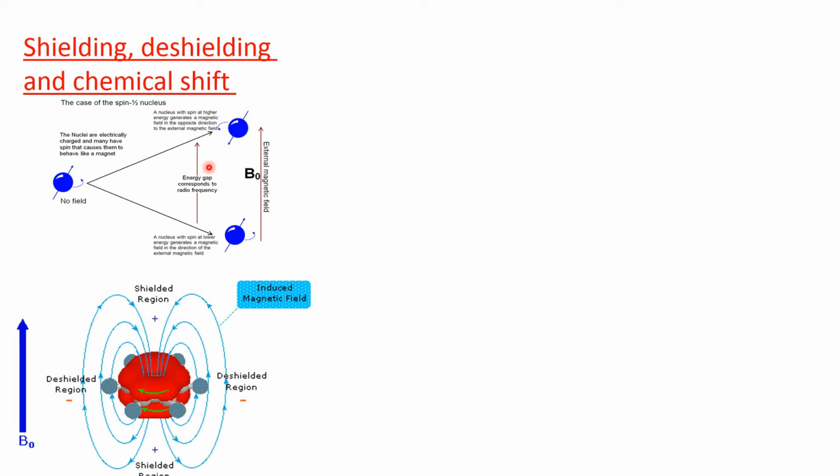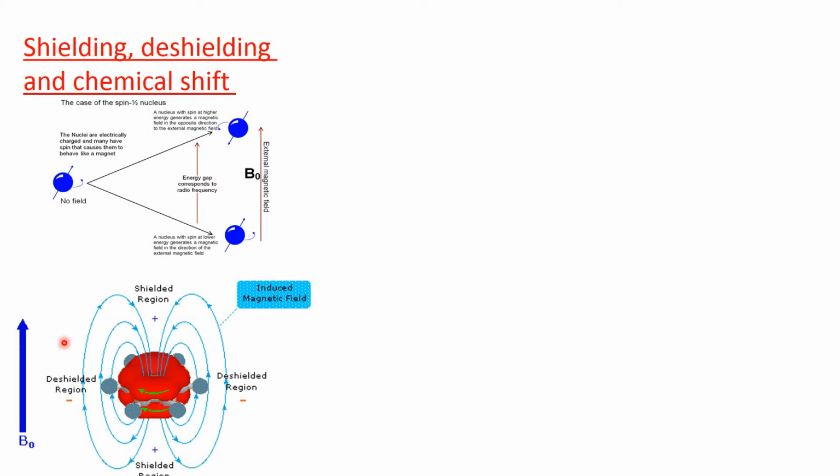And now what happens? The electrons in the surrounding of the nucleus, or specifically the electrons at the chemical bond, also start circulating in presence of the applied magnetic field, and they circulate in a perpendicular direction with respect to the applied magnetic field.